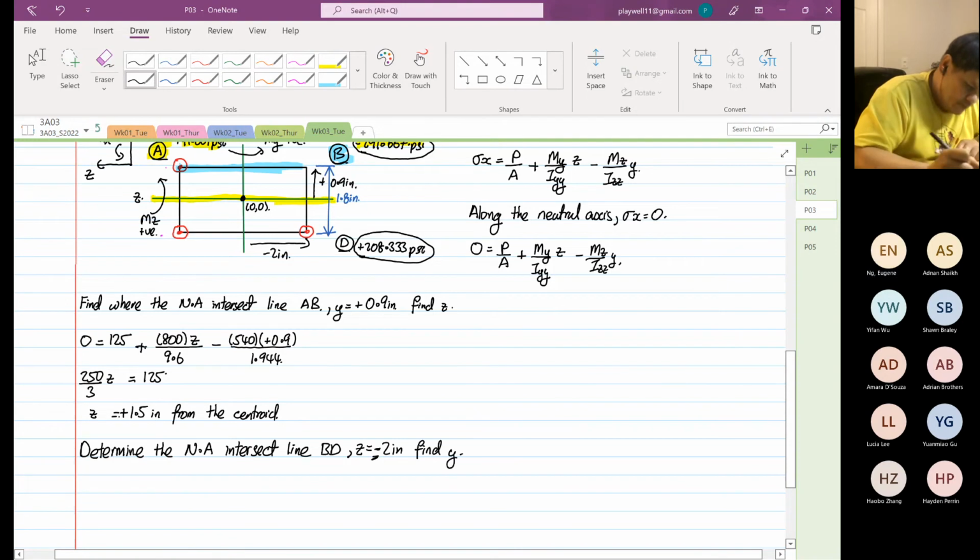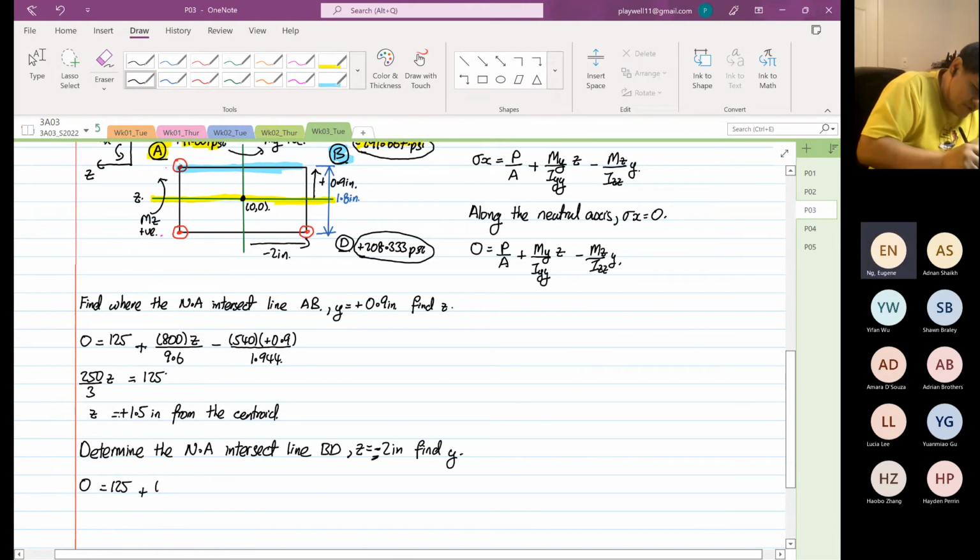Y. Okay. So again, you have 0 is equal to 125 plus, now we know Z, so 800 multiplied by minus 2 divided by 9.6, minus 540 multiplied by Y, which is what we want to find, divided by 1.944.